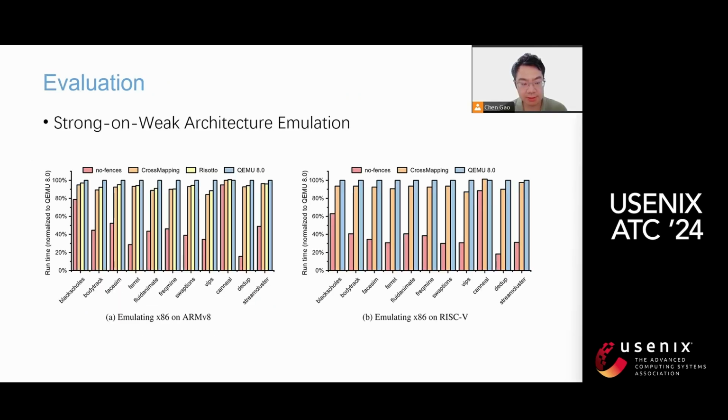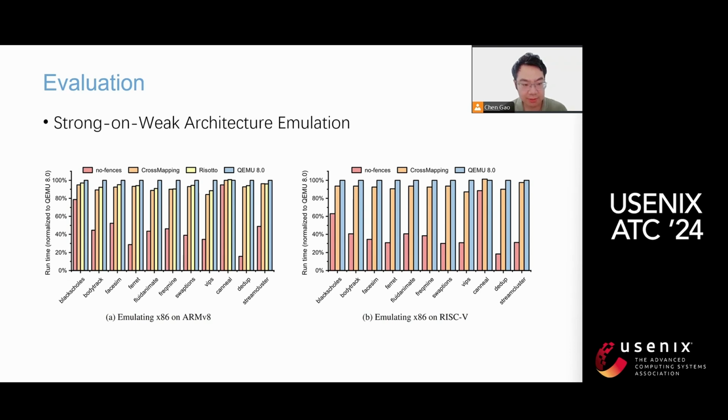To validate the basic function of CrossMapping and evaluate its translation performance, we implement 4 mapping schemes: x86 to ARMv8, x86 to RISC-V, ARMv8 to x86, and RISC-V to x86 based on QEMU, and conduct a performance evaluation using the PARSEC benchmark.